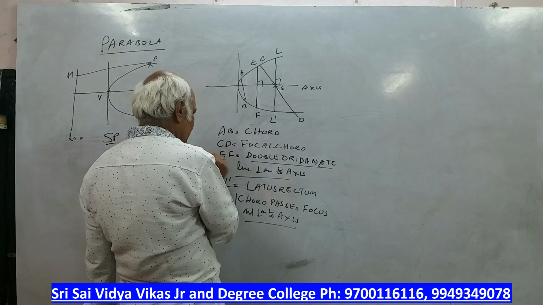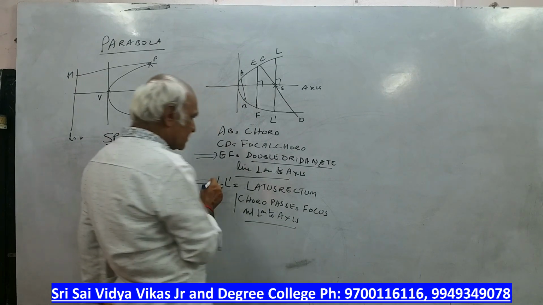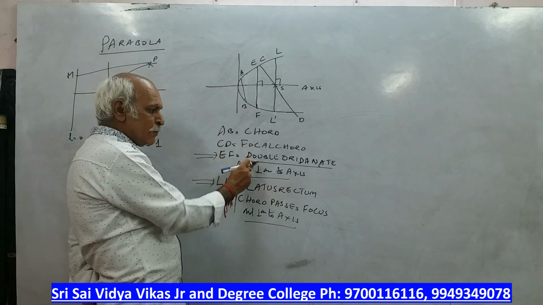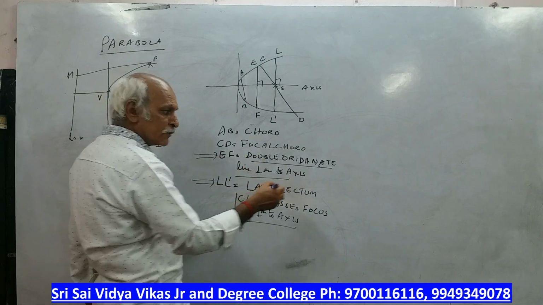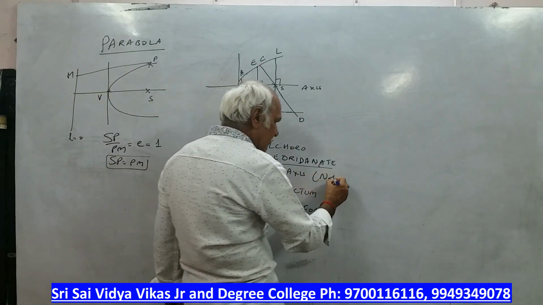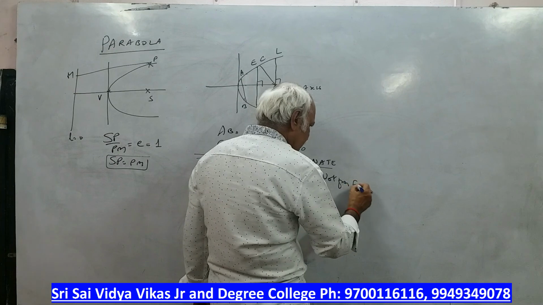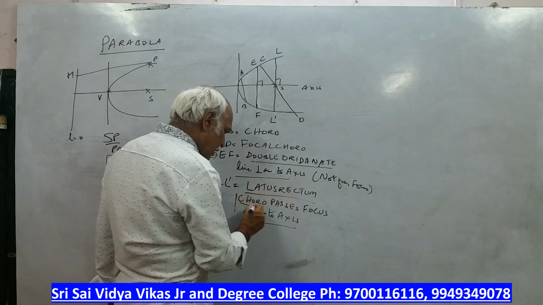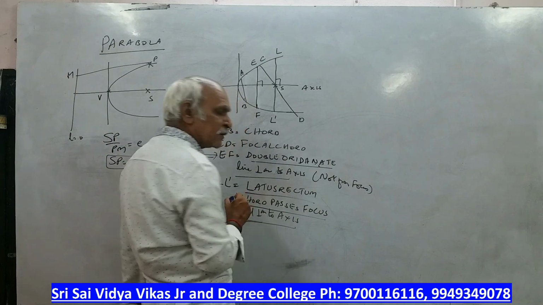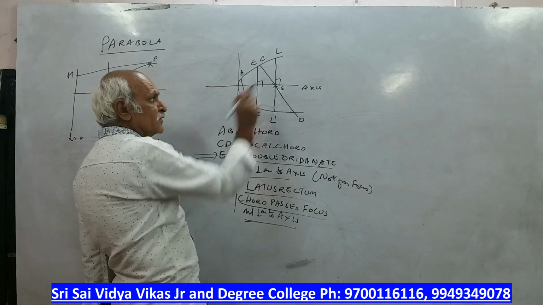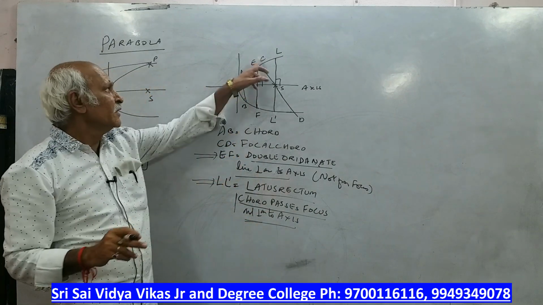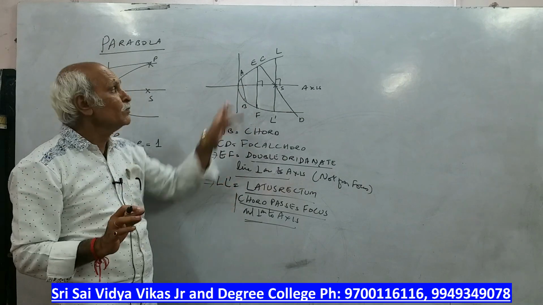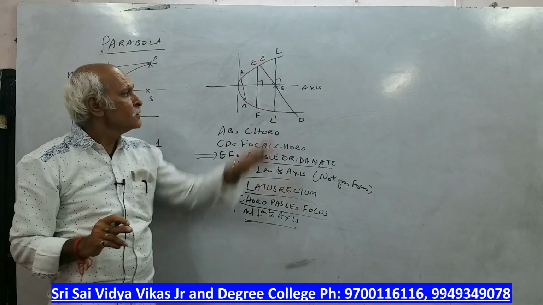What is the difference between a double ordinate and the latus rectum? A double ordinate is also perpendicular to the axis, but it does not pass through the focus. Here the latus rectum is a chord that passes through the focus and is perpendicular to the axis. These two lines are perpendicular, but EF does not pass through the focus, while the latus rectum does.